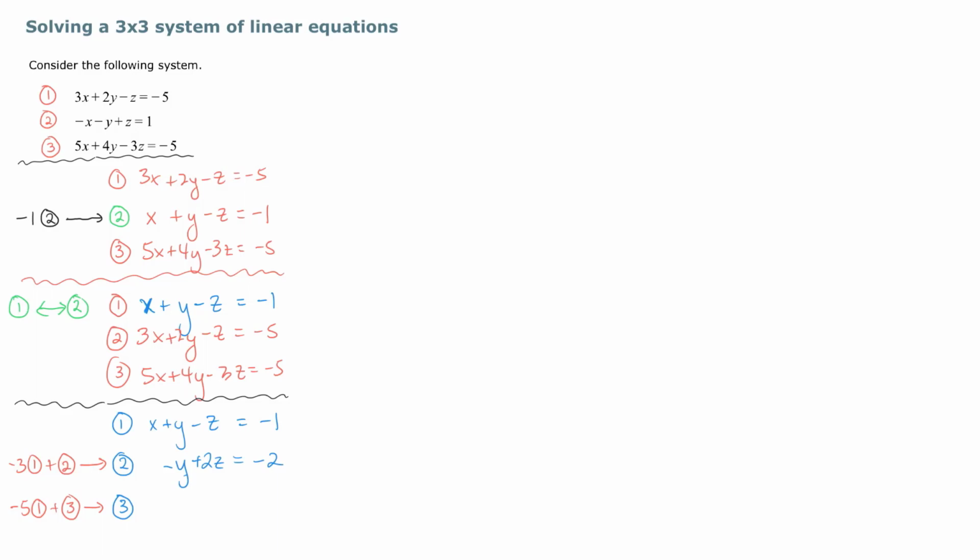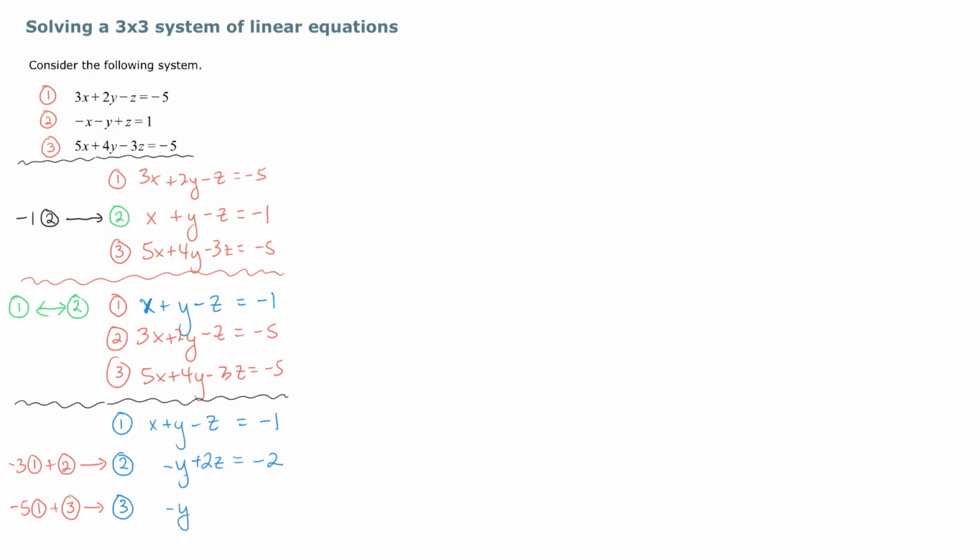Now we do the same thing for our new equation 3. Negative 5 times equation 1 plus equation 3. We get 0 times x. We got negative 5y plus 4y, so we get negative y.